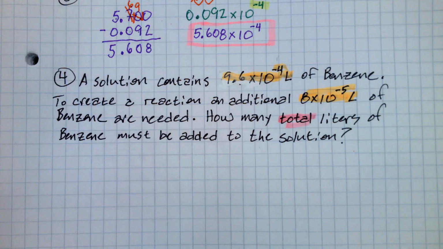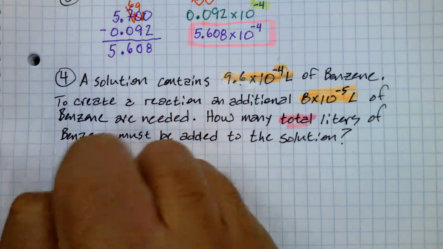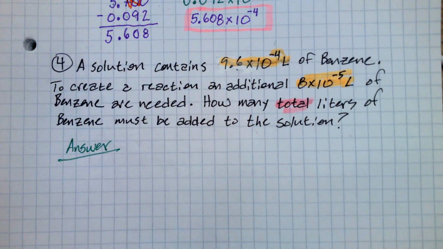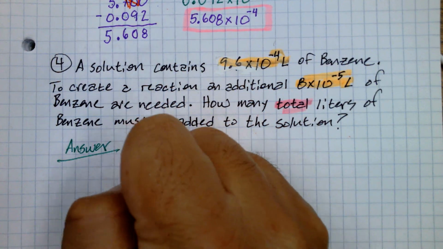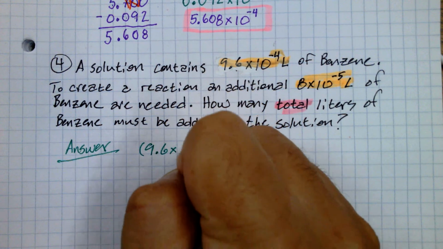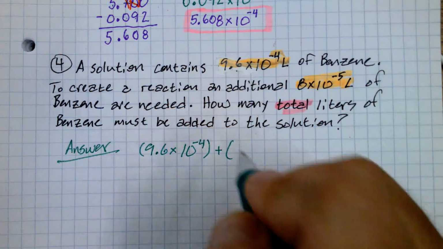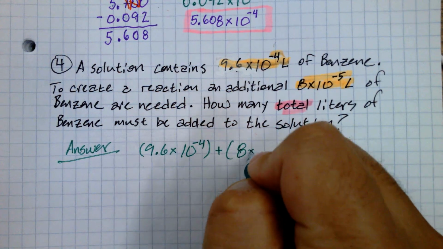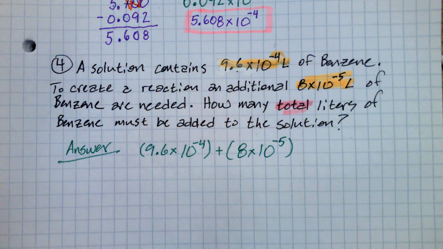Okay? So let's add these numbers. We're going to take our starting amount, 9.6 times 10 to the negative 4, and we're going to add to it 8 times 10 to the negative 5. And let's see what happens.